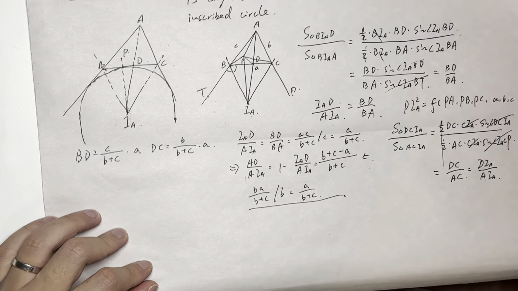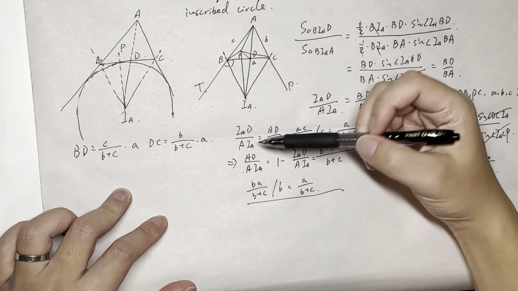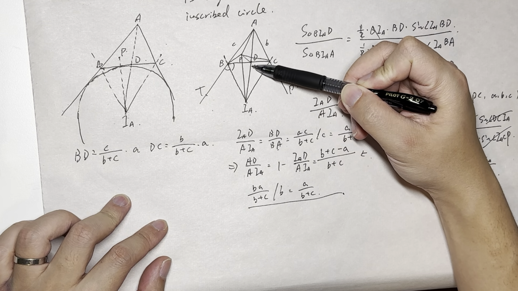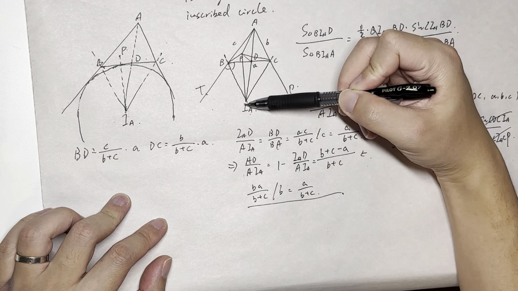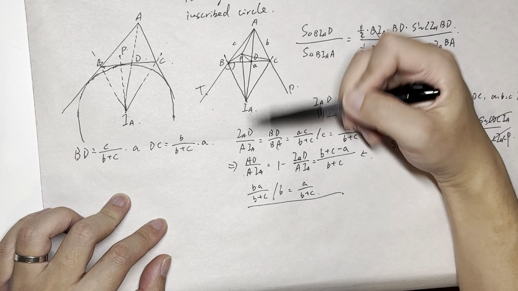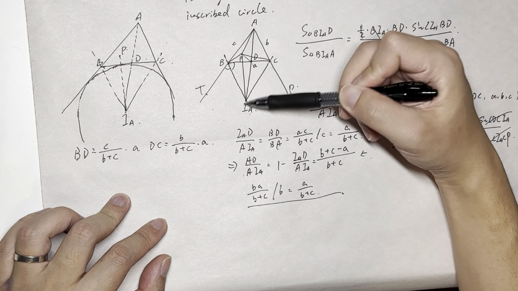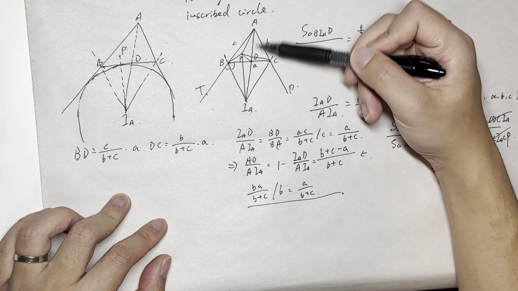Okay, now we get IAD to AIA, and also we get AD to AIA, right? We want to find the length of AD.